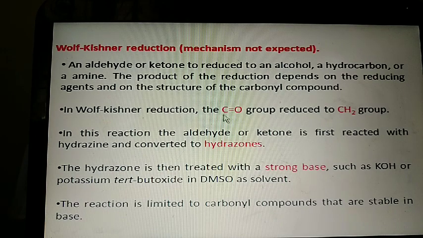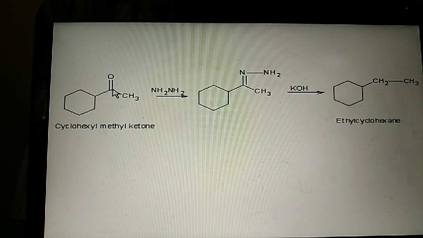So we have to react this molecule with one of the nitrogen-containing molecules, like NH2 hydrazine or phenylhydrazine, then easily we can get this molecule from this molecule. So we can see here, this ketone reacts with NH2 and becomes this kind of adduct. This adduct reacted with KOH becomes ethyl cyclohexane, meaning conversion of C double bond O to CH2 with the help of NH2 in the presence of a base catalyst.